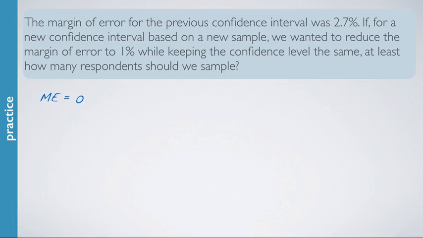So the margin of error that's desired is 1%, and we know that this is going to be equal to 1.96 times the square root of 0.85 times 0.15 divided by n. I'm using the p-hat from the previous study because I already know something about this population, so I might as well use it there. So the only unknown in this equation is our sample size.